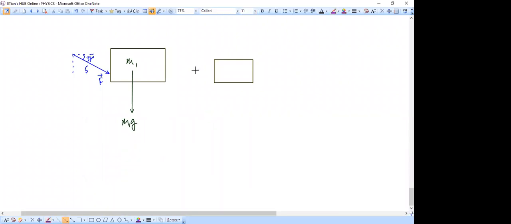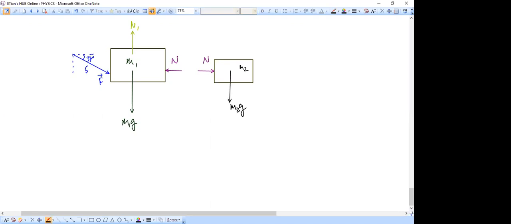Okay. Now this block pushes this block with some kind of normal reaction. Okay. So by Newton's third law, this will push this back with an equal and opposite normal reaction, like this. Okay. And of course, the ground will be pushing this up with some force. So this is normal reaction due to the ground. This block M2 has its own weight. Okay.